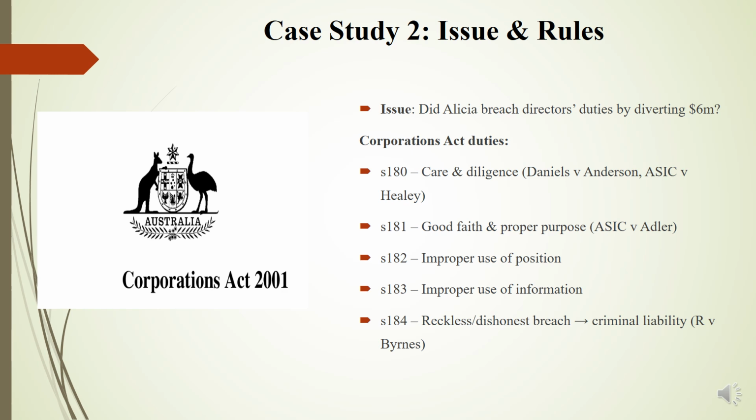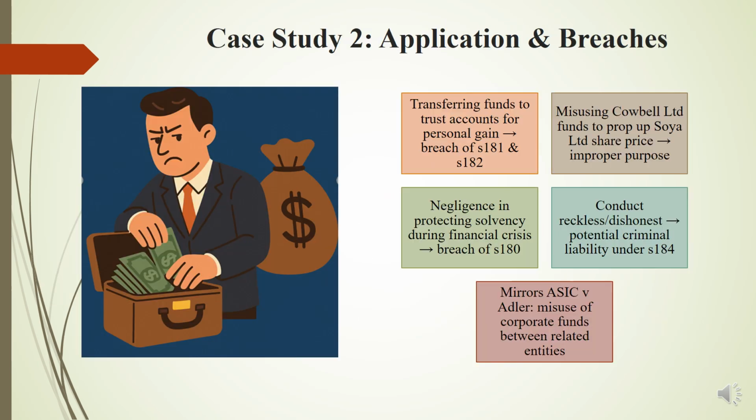And another slide is slide 6, case study 2, application. Alicia's conduct clearly breaches multiple duties by transferring funds to her trust accounts. She misused her position and failed to act in good faith, contravening sections 181 and 182.